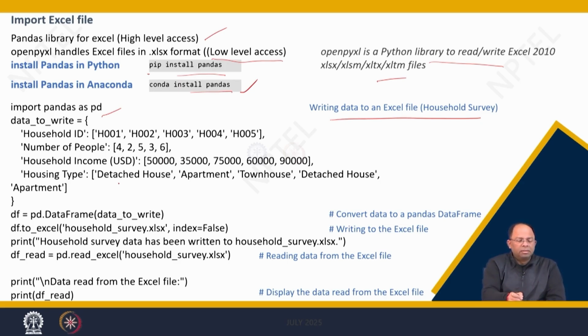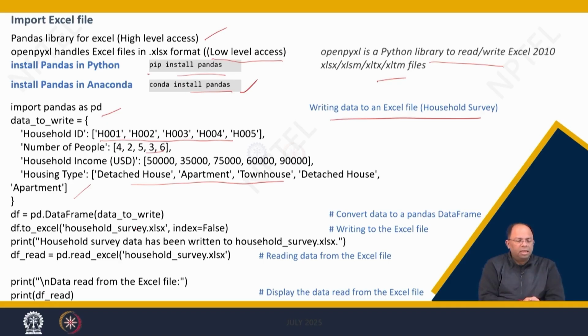This is a dictionary with a list attached to each key, so the values are the lists for that particular key. We save this in data to write, and then pd.DataFrame of data to write puts it in a data frame first.